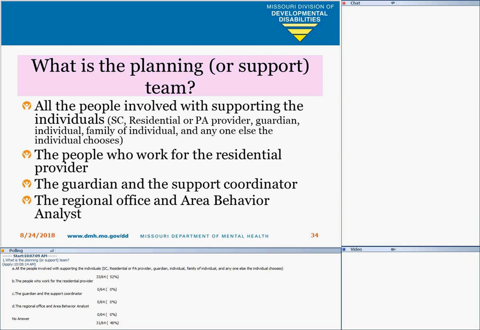But the answer to what is the planning or support team is all the people involved with supporting the individual, including the support coordinator, the residential or day provider, the guardian, the individual, the family of the individual, and anyone else the individual chooses. Those are the people that make up that planning team or support team. So that was your answer. Very good. And we're referring to the planning team throughout this training.